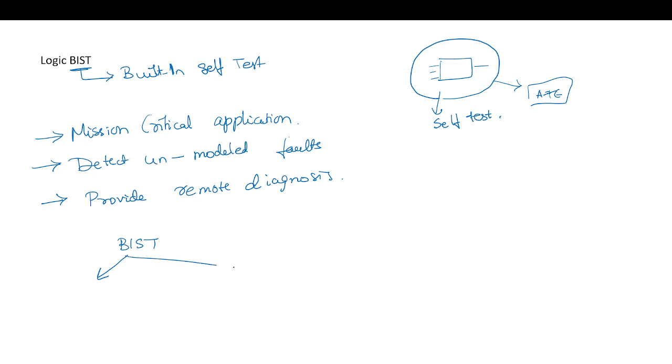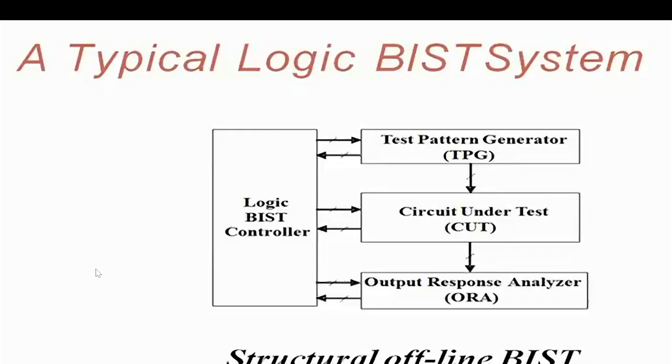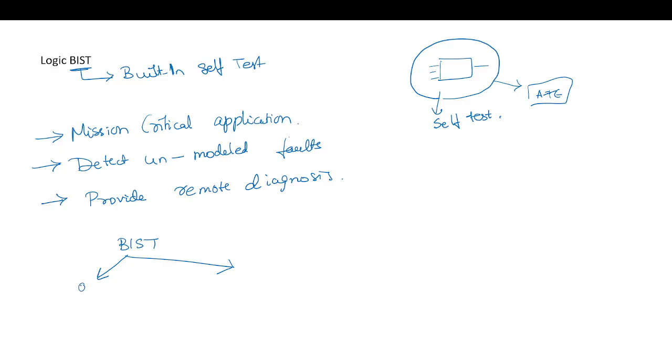BIST can be done in two ways: online or offline. Online means the system is on. Say the system is on but idle, not doing any particular work; at that time it can be tested.